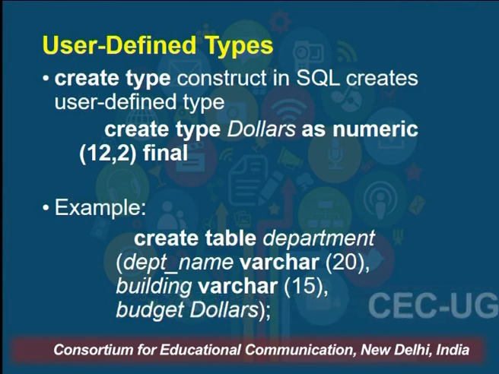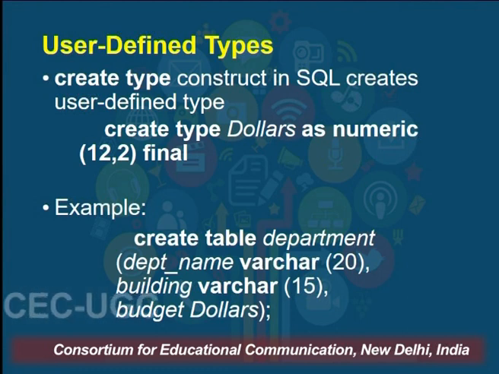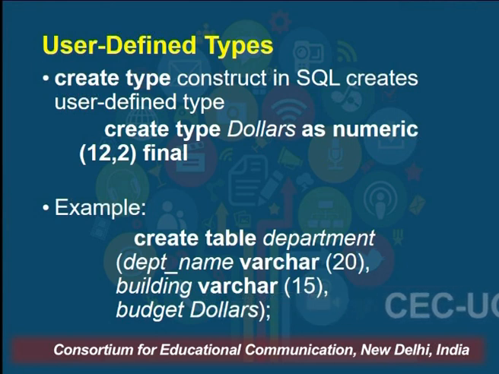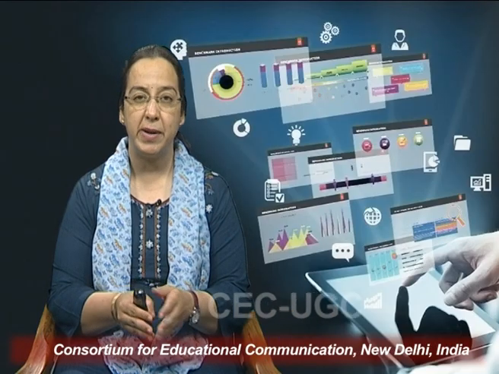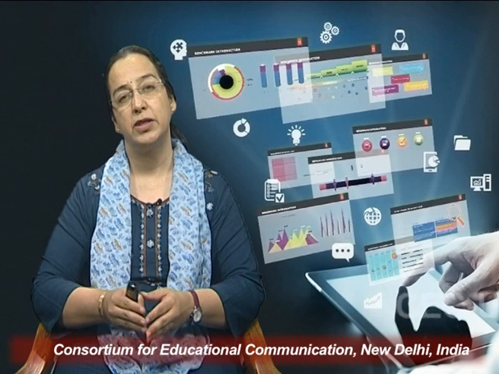So we use CREATE TABLE department, department name varchar(20), building varchar(15), and the budget in the form of dollars, which finally is numeric(12,2). As you have seen, we have created one user defined data type named dollars, and now it can be used wherever you want to use numeric(12,2). So it is not only the SQL built-in data types that are available in the repository of data types available with SQL.